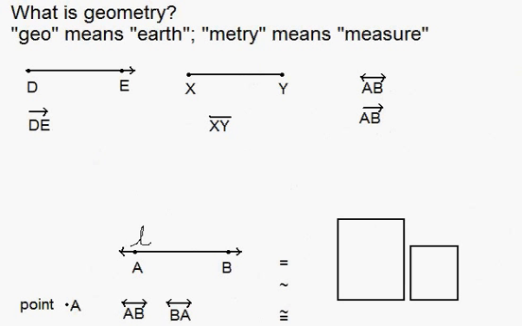And this is line segment AB. And this here is one that means the distance between A and B. So we would talk about what is the distance between A and B. It might be 5 or 3 or whatever number it would be.